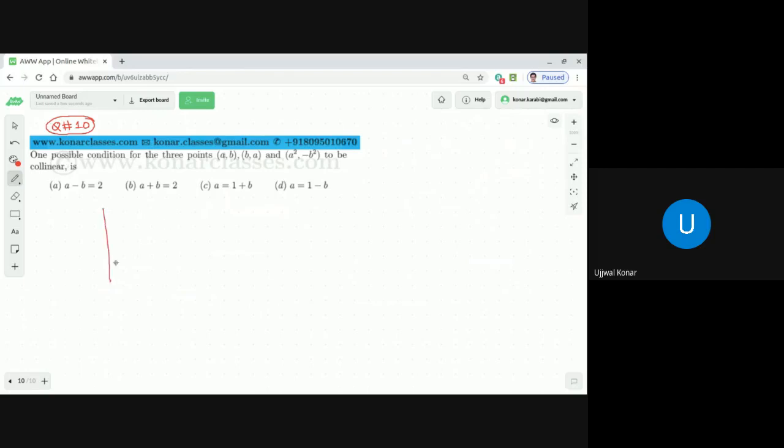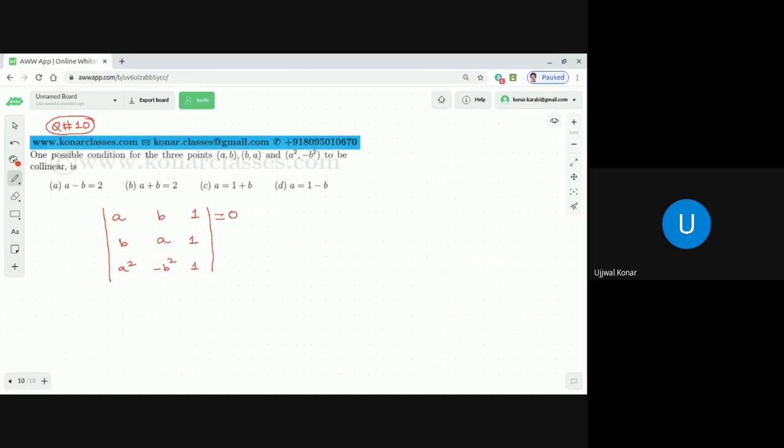So it will be a, b, 1; then b, a, 1; and then a squared, minus b squared, 1. The value of this determinant has to be equal to 0.